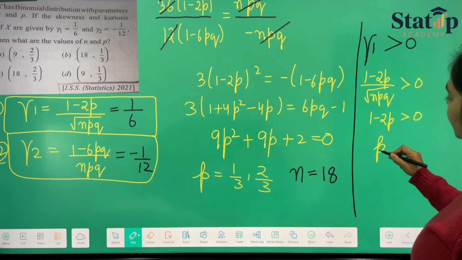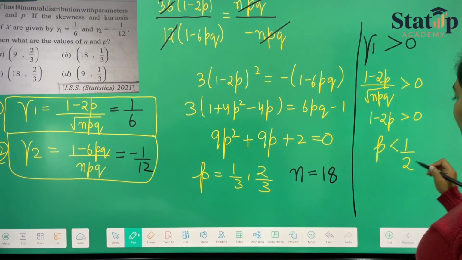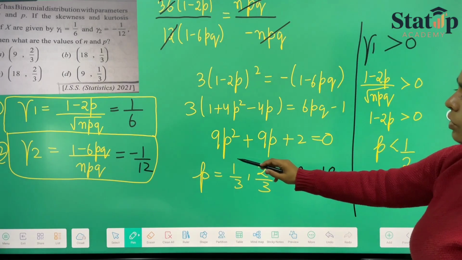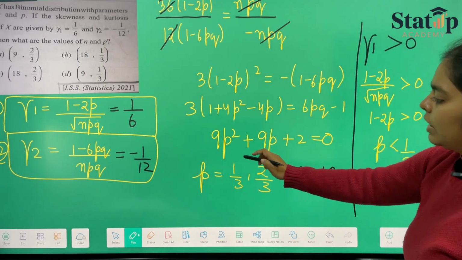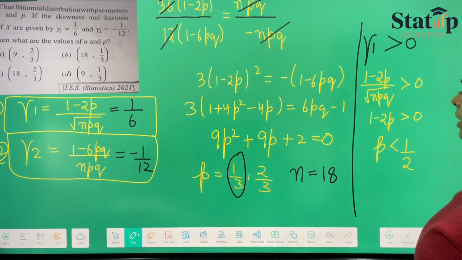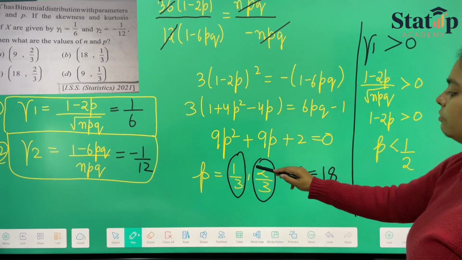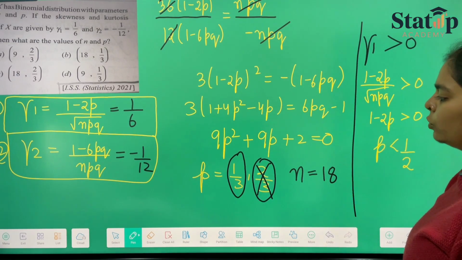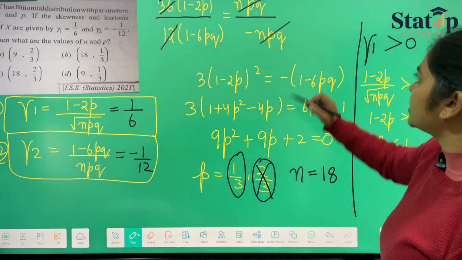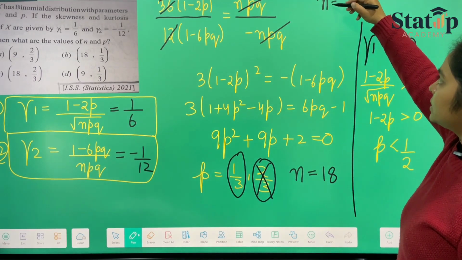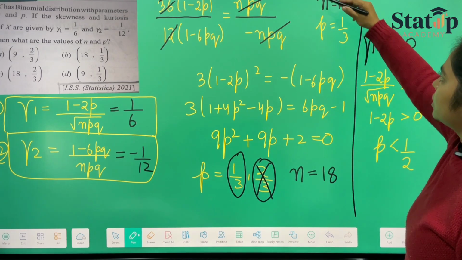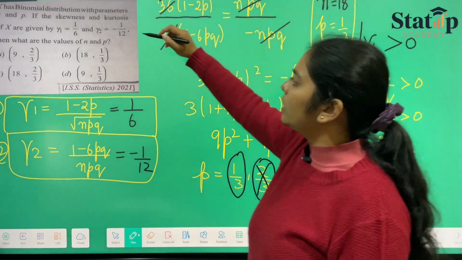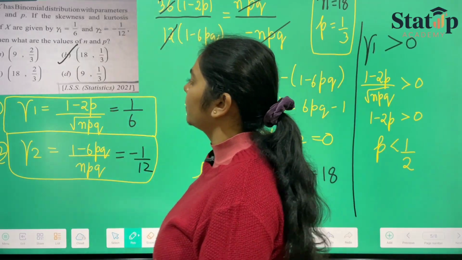And from here we get p as less than 1 by 2. So in between 1 by 3 and 2 by 3, only 1 by 3 is less than 1 by 2. 2 by 3 is greater than 1 by 2, so we won't consider this option. And hence we have the value of n as 18 and p as 1 by 3, which matches our option number B.